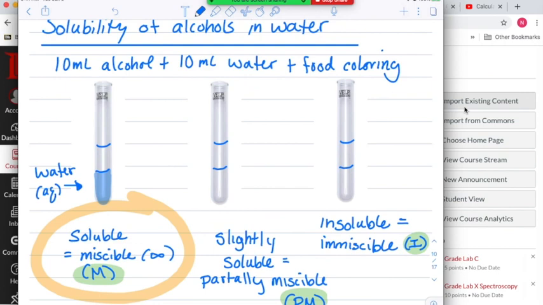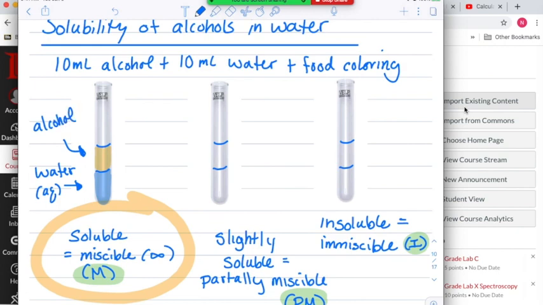So it is water, that's our aqueous layer. The first thing we're going to do is, and I'll go ahead and color it in sort of orange just so we can see the difference, up on the top, we're going to put in our alcohol.